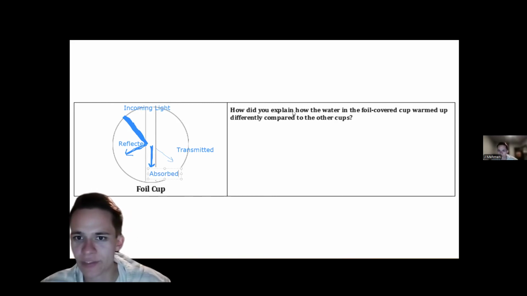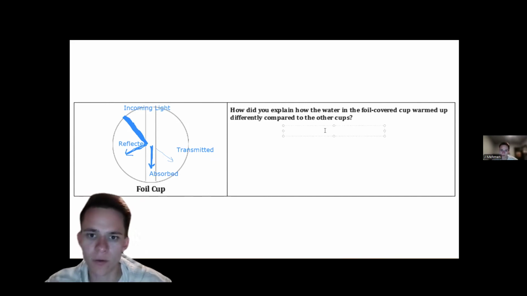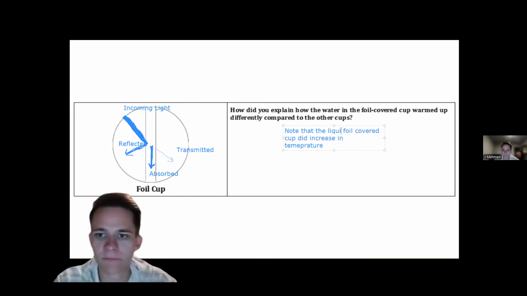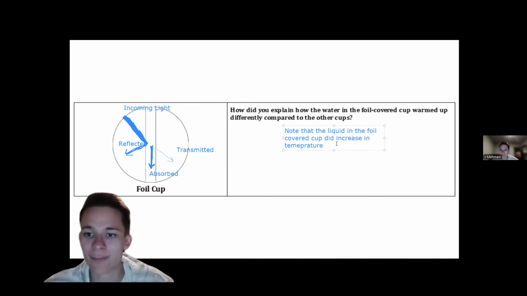So then how do you explain how the water in the foil covered cup warmed up differently compared to the other cups? Note that the liquid in the foil covered cup did increase in temperature.